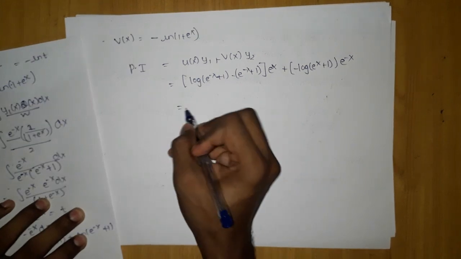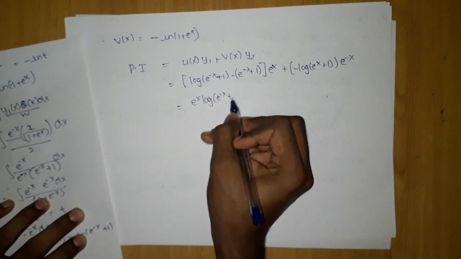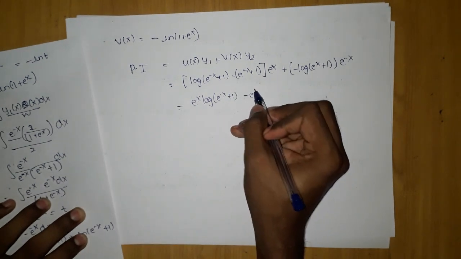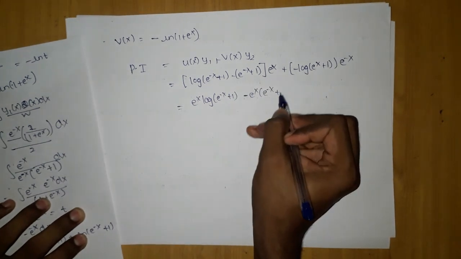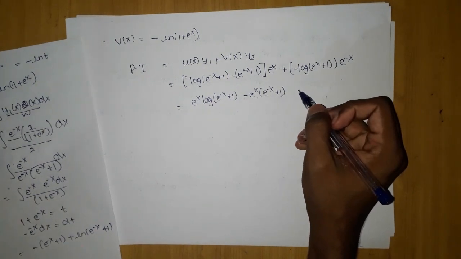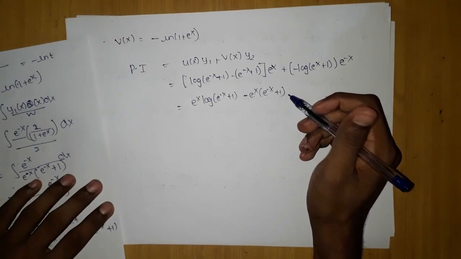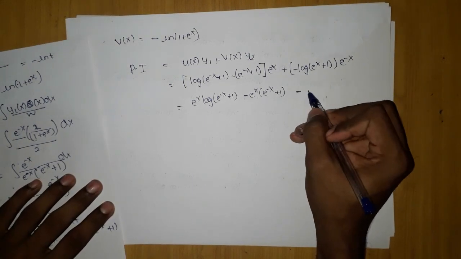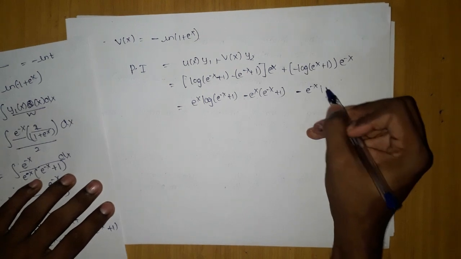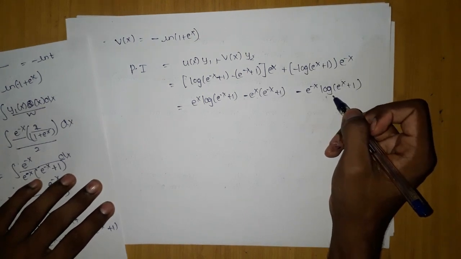If you simplify, you are going to get e to the power x log e to the power minus x plus 1 minus e to the power x into e to the power minus x plus 1. Here you can clearly see that e to the power x is multiplied, while in this case minus e to the power minus x into log e to the power x plus 1 is multiplied.